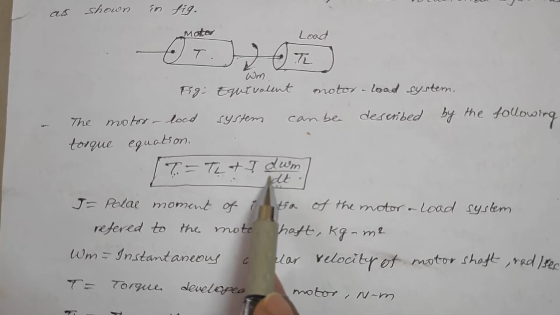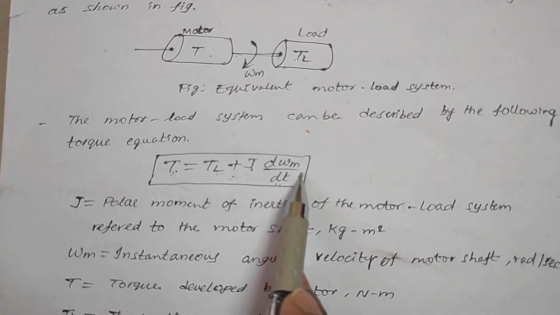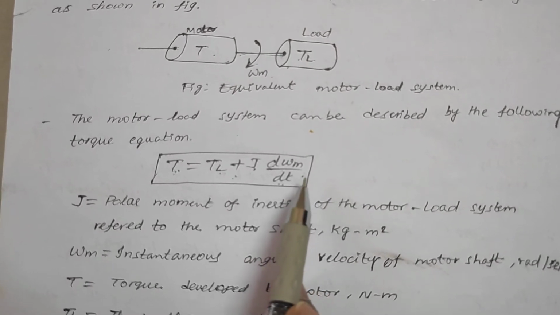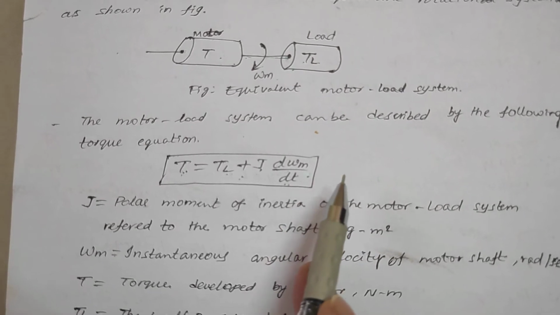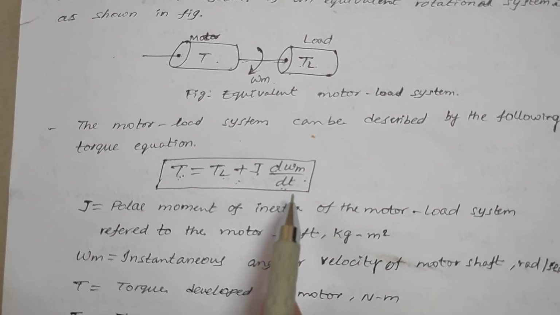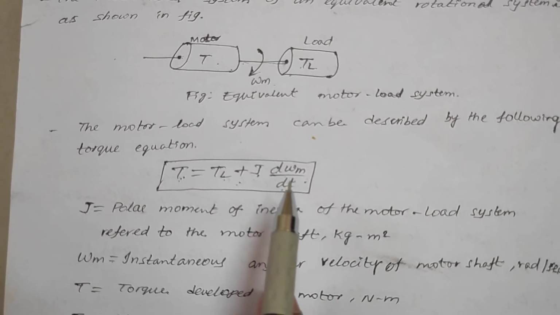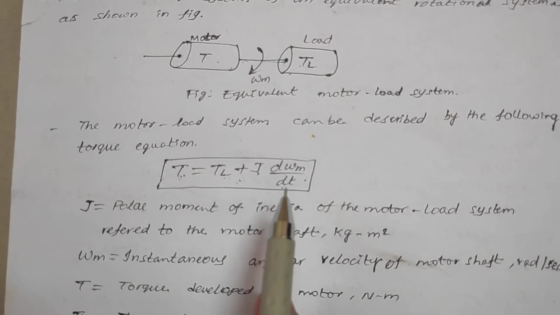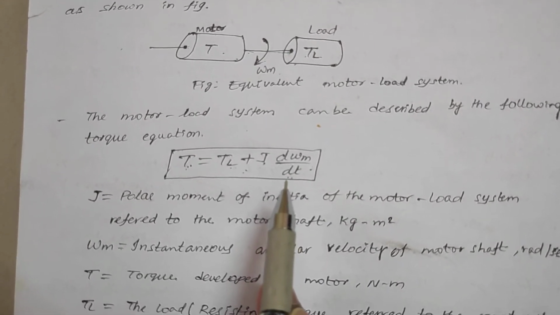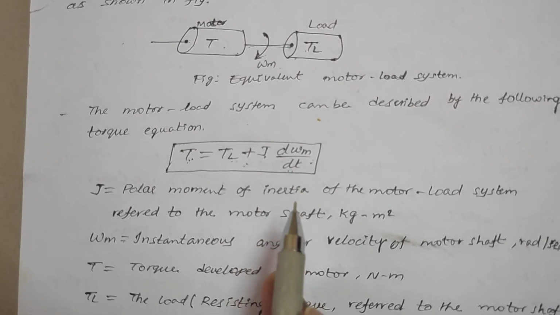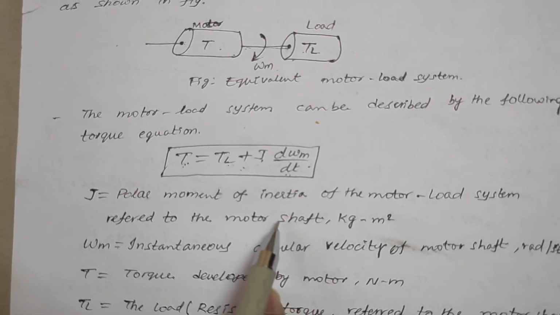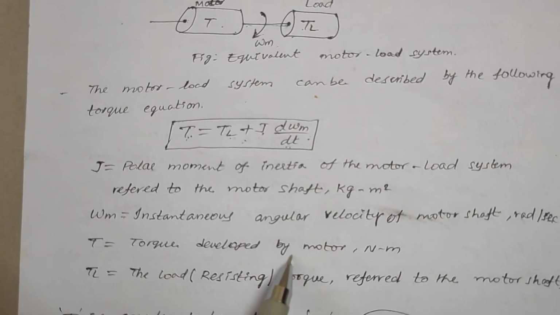Here I have not considered the windage or viscous friction coefficient. All these things I have not considered here. Those also oppose the motor torque, but here I have simply considered the motor. The developed motor torque is opposed only by its load torque and due to its inertia. These two parameters only I have considered.